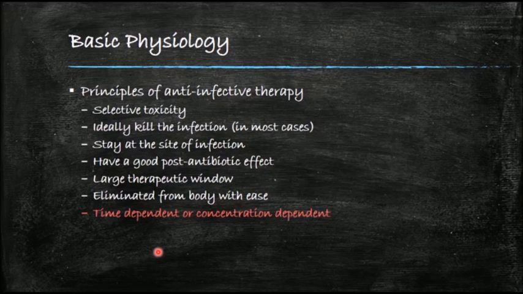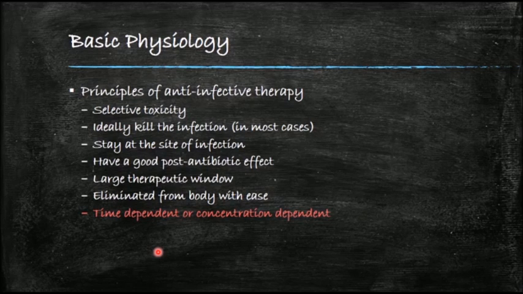These drugs you administer frequently. So any drug that's time dependent, you administer it frequently to keep it above that stage. Because when you administer a drug, you have that initial spike and then that fall. So you want to hit it again before it falls too low. A concentration dependent drug is one where the higher the level is, the better.